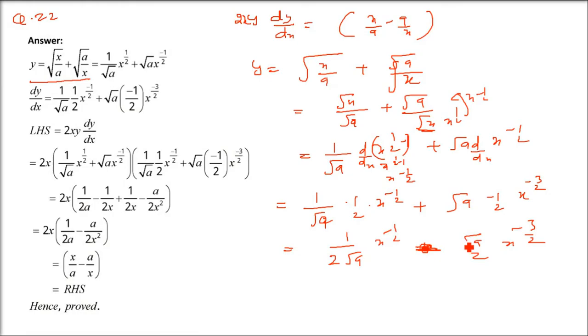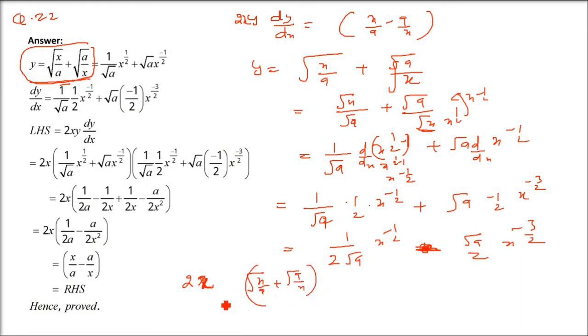Now after this, we have to multiply it by 2xy, that is 2 into x into y. Don't worry about x first, multiply by y. But what is y? Y was already given in the question, which is under root x by a plus under root a by x, so root x by root a plus root a by root x.